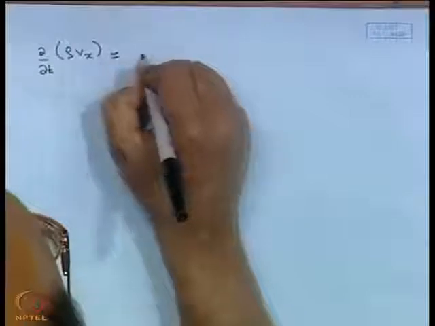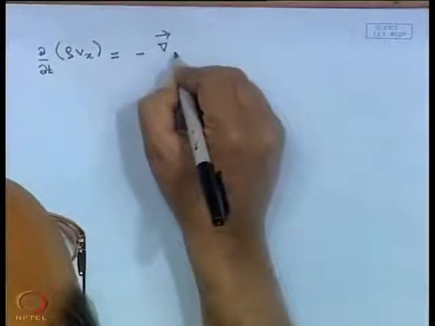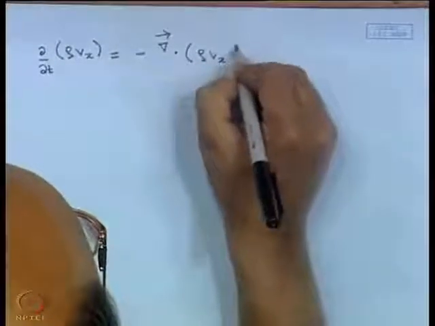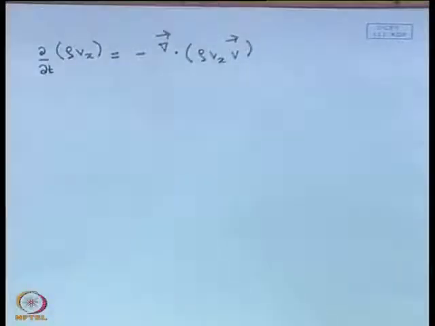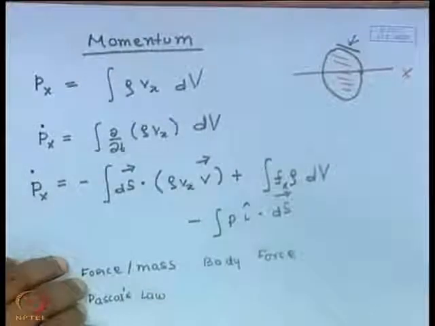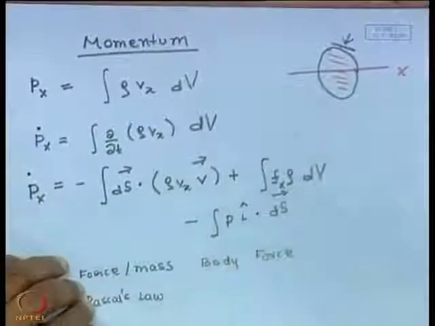So, this will be equal to minus the divergence of rho Vx into V, right. That is the divergence of this term, and then I get a volume integral, that is Gauss law, and here I already have a volume integral.